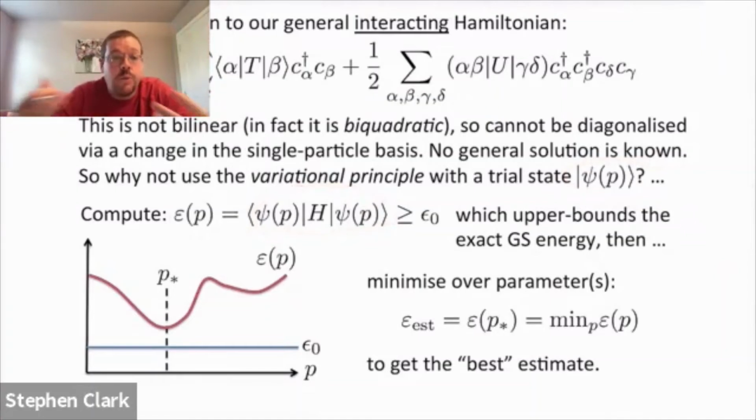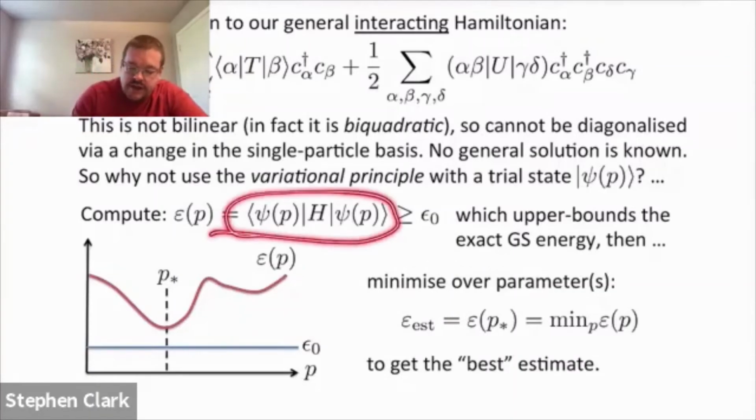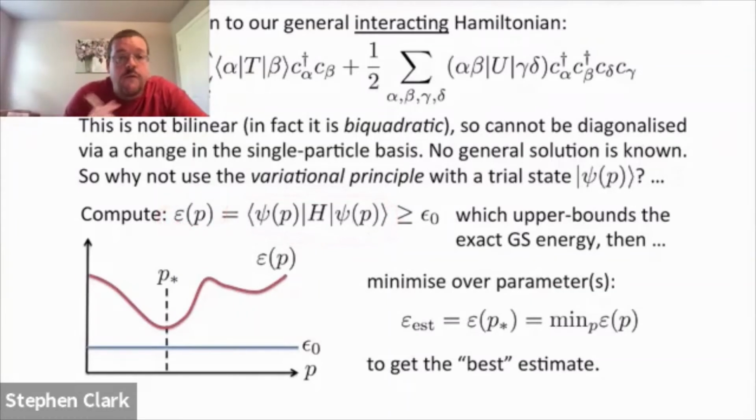You can work out the energy of a Gaussian wave function for the hydrogen atom, with the width of the Gaussian as your variational parameter, and you know by the variational principle that the energy of that Gaussian wave function for any value of its width will always upper bound the true ground state of the system.